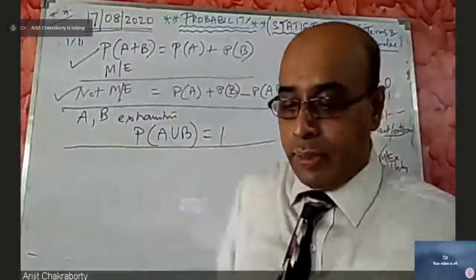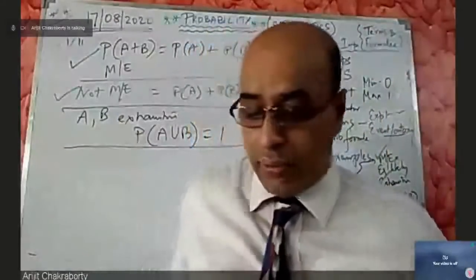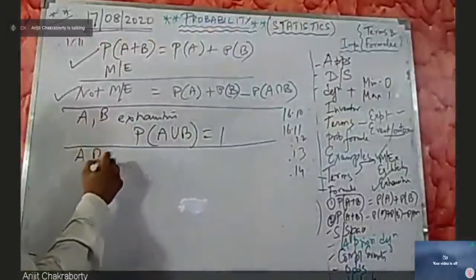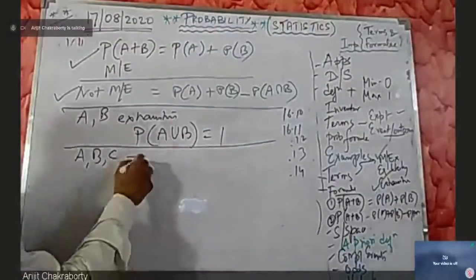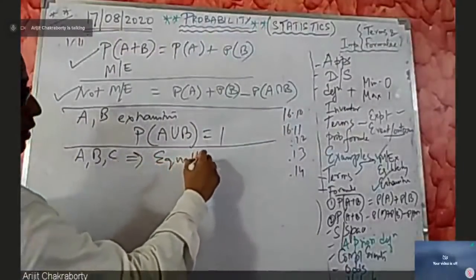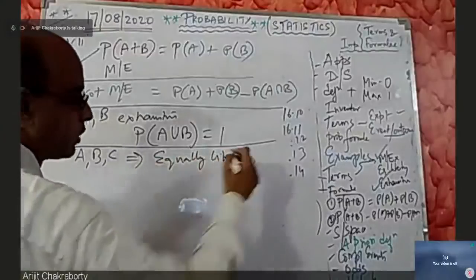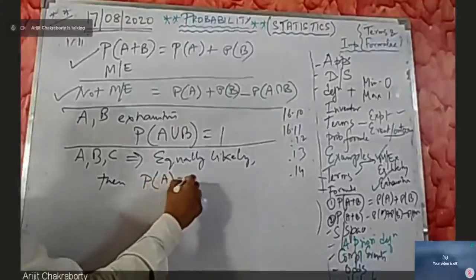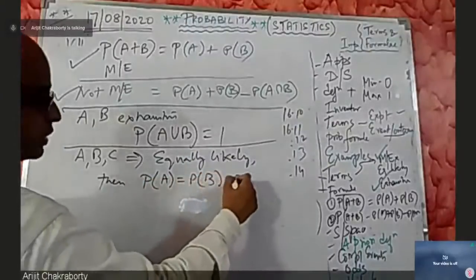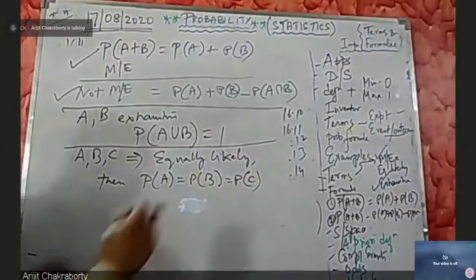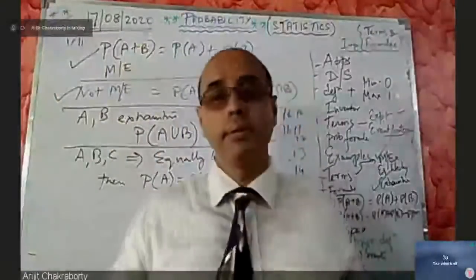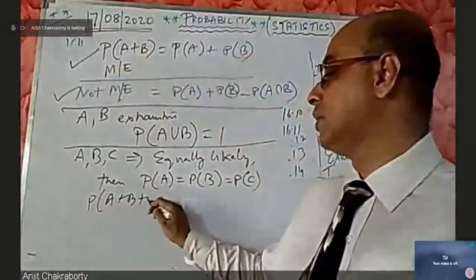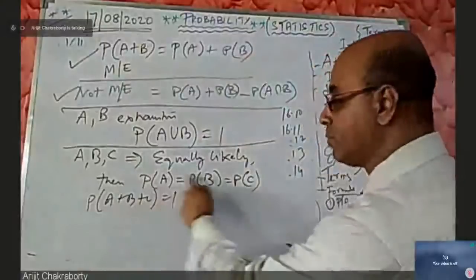Similarly, if you have 3 events, A, B and C, 3 possible events which are also equally likely, then we can write that P(A) equal to P(B) equal to P(C), and together they will become 1, because A plus B plus C will be equal to 1 and each of them is equal to each other.